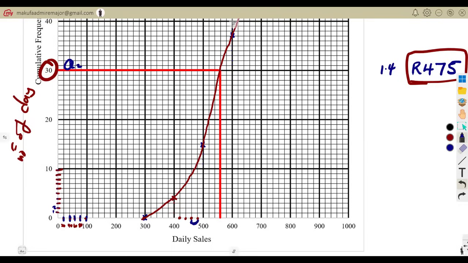We just need to draw a line in between 460 and 480. Remember, we need 475. So this is 460, just somewhere there. An approximate, guys. So it was going to be like this, just an approximate going up.